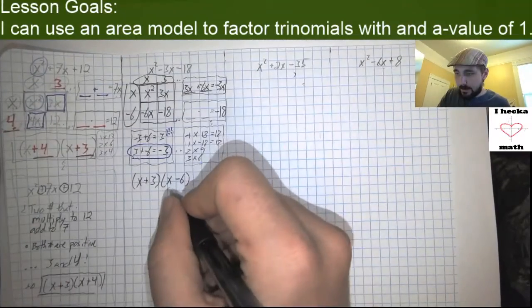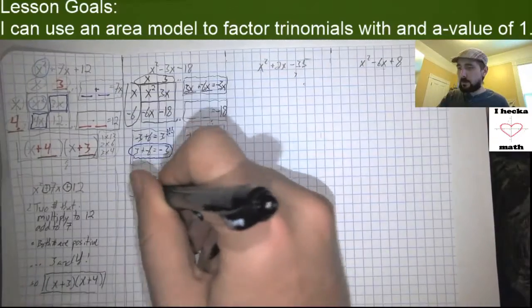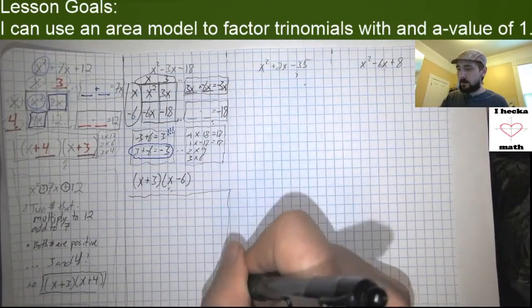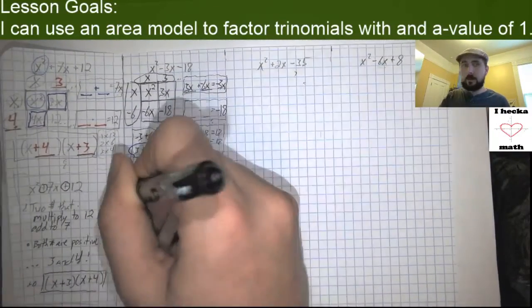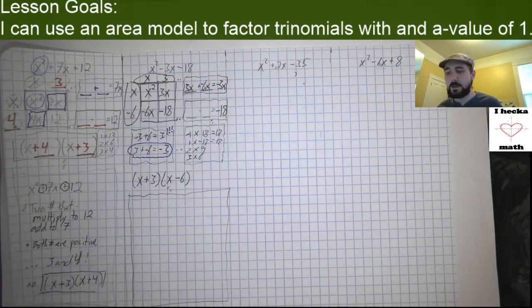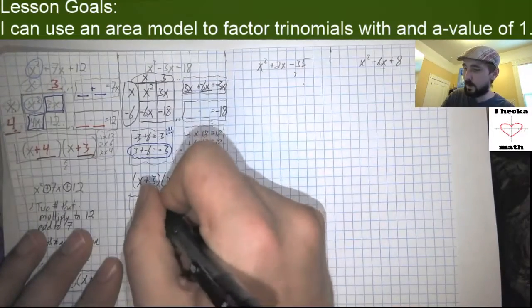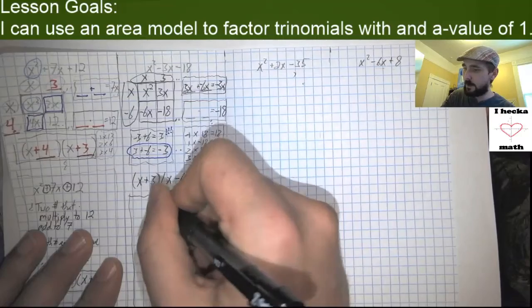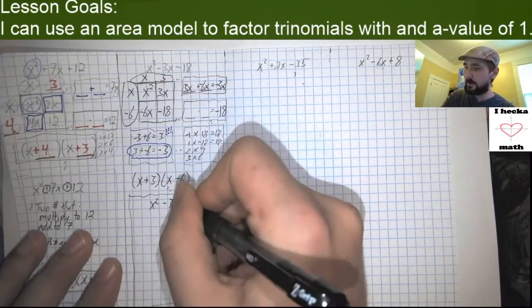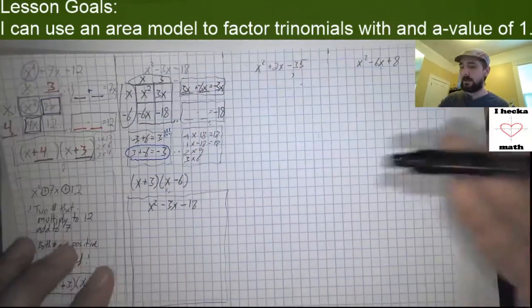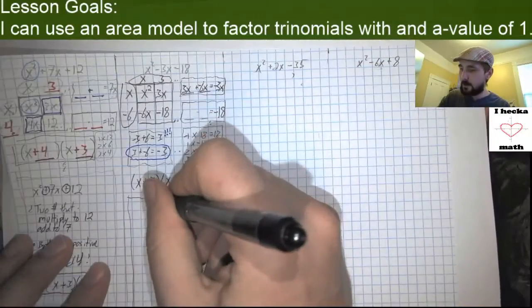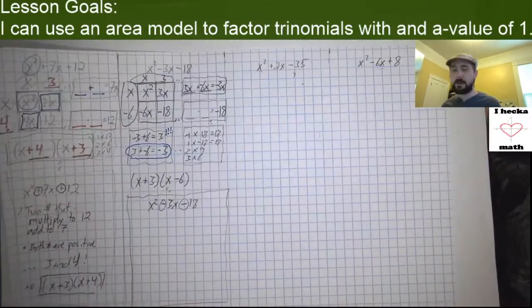And then let's do a quick thought bubble to think about what we were doing. So the original problem was x squared minus 3x minus 18. And let me circle, this was minus and minus, right?